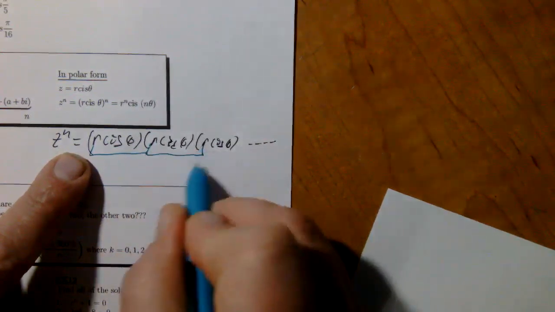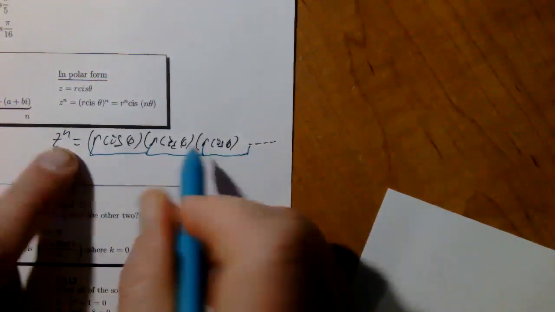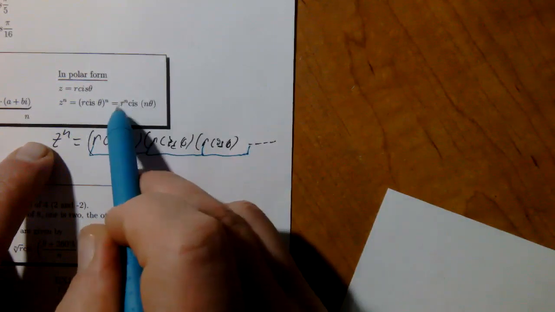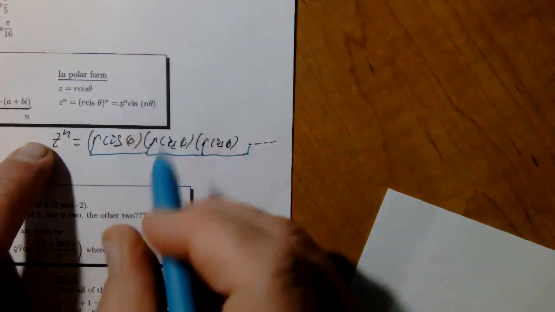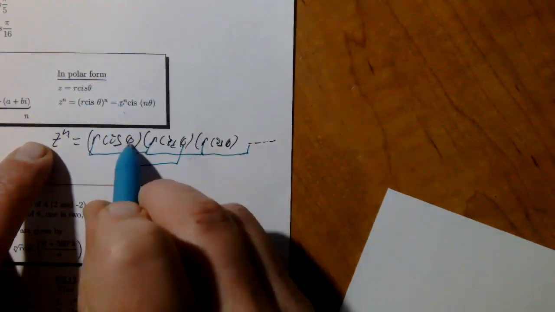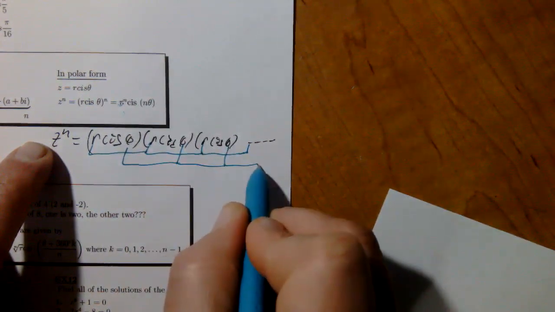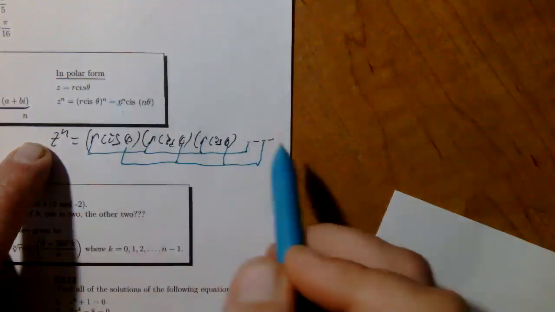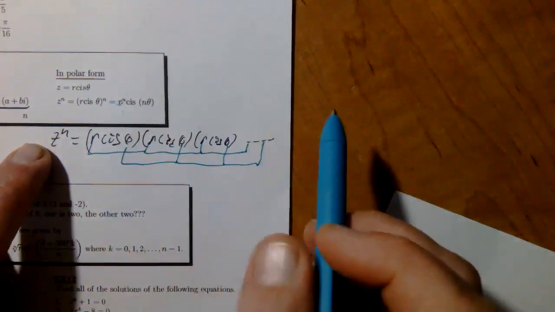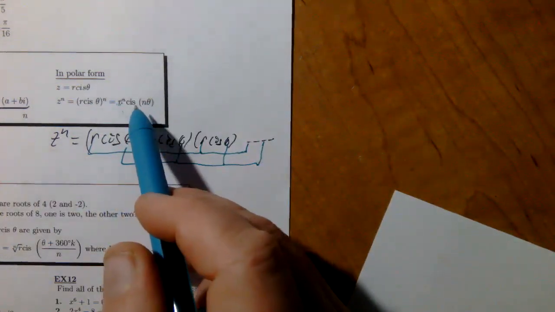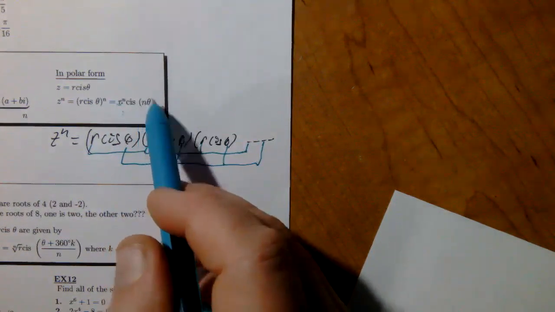And then I multiply by the next one, it would be r cubed. And multiply by the next one, right? So whatever the r is, you would just keep multiplying by itself over and over again. Then the thetas, okay, theta plus theta is 2 theta. And then you add the next one, would be 3 theta. And you add the next one, would be 4 theta. So repeatedly adding theta n times would just be n theta.